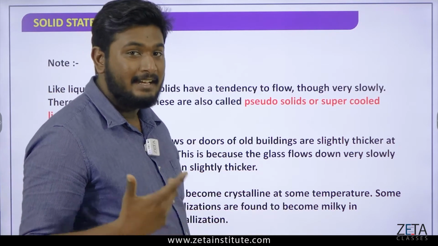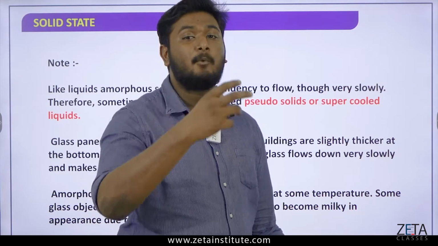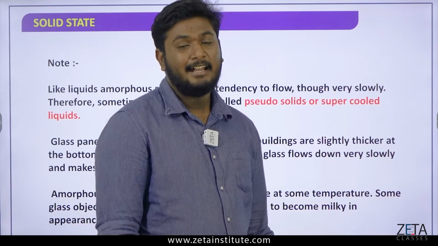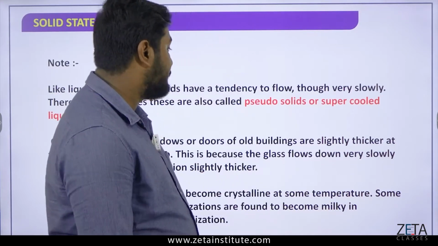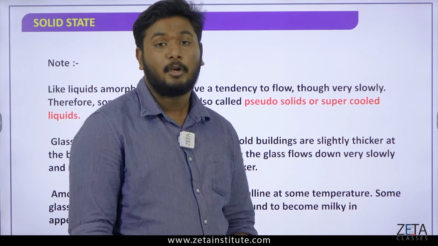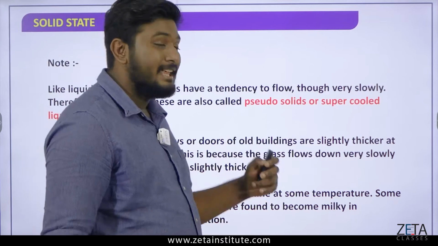That means glass is an example of an amorphous solid. The molecules are slowly moving and, like liquids, have a tendency to flow. Due to this property we call them pseudo solids, because in solids the particles are closely packed and there is no flow of molecules, but in amorphous solids they have a tendency to flow.